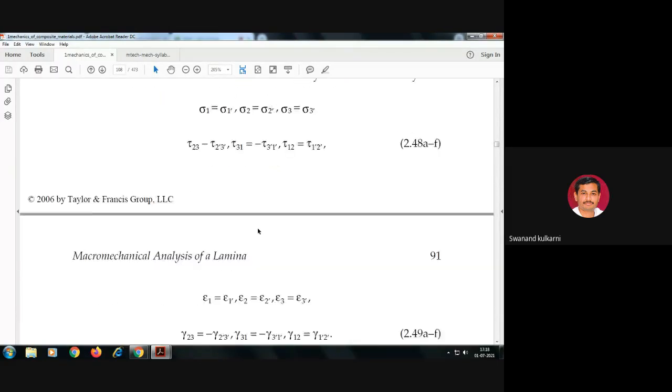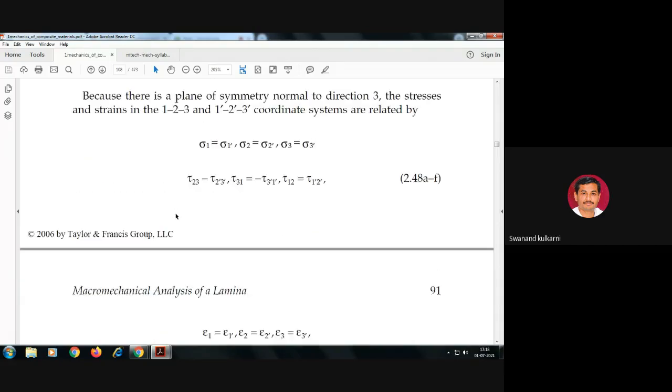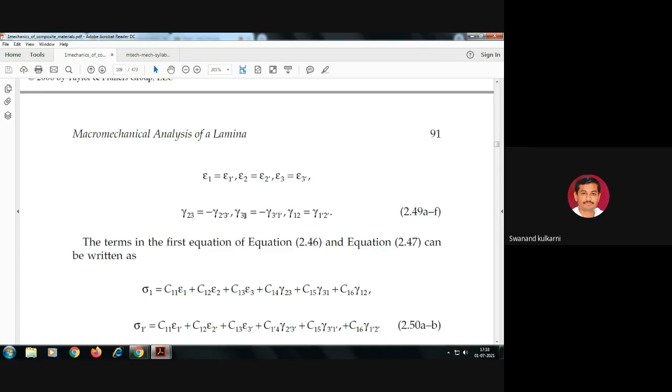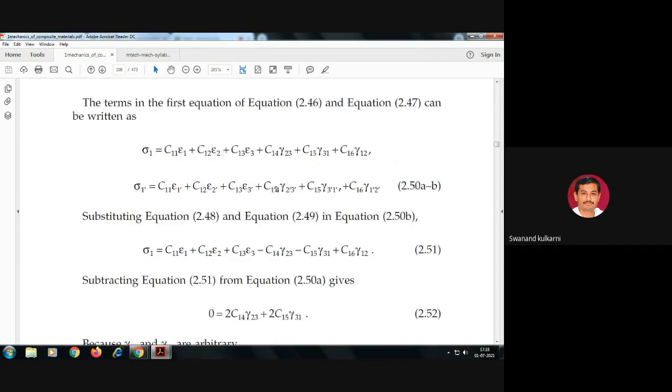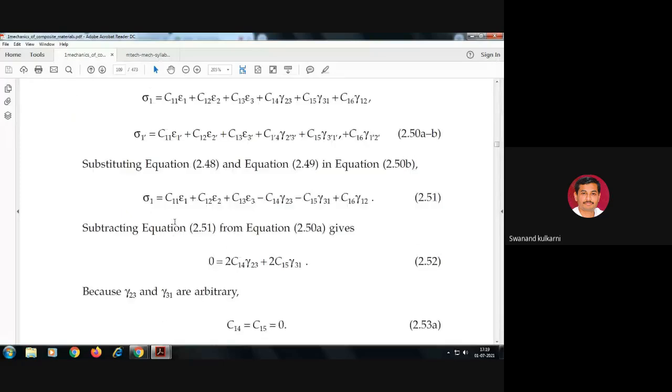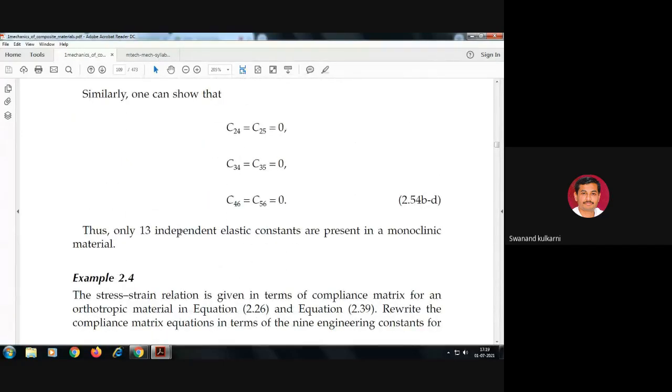Now if we consider the stress values, there is a plane of symmetry normal to directions. We have seen this at the time of the case when we were observing orthotropic material, and how sigma 1 gets calculated.